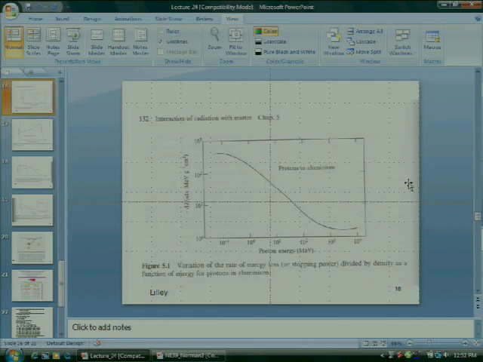At low energies, the energy loss is very, very high. As the proton gets higher and higher energy, the energy loss falls off. And if you go through the Bethe-Bloch formula, you'll see that's exactly what's expected. So low energy charged particles will lose a lot of energy. Relatively high energy particles will lose a smaller amount of energy per unit length of material they're traversing. Okay? And that's true for any charged particle. It's just being plotted here for protons.